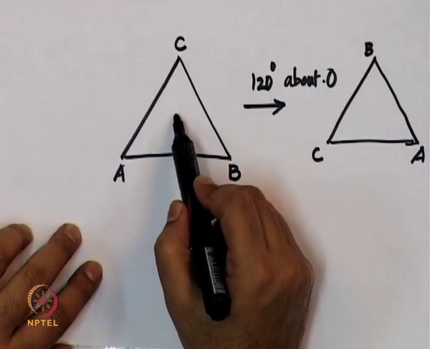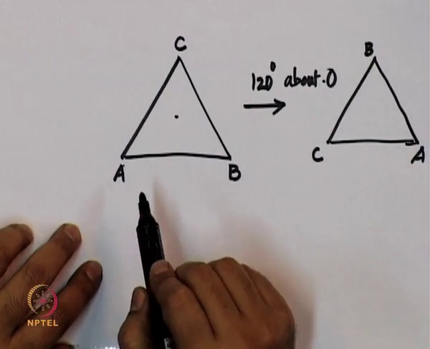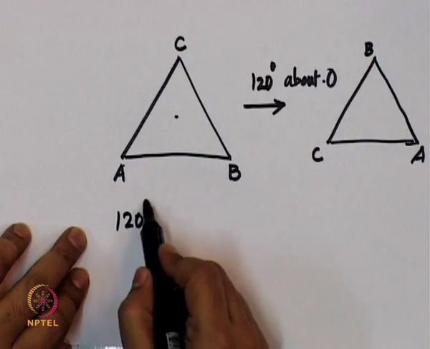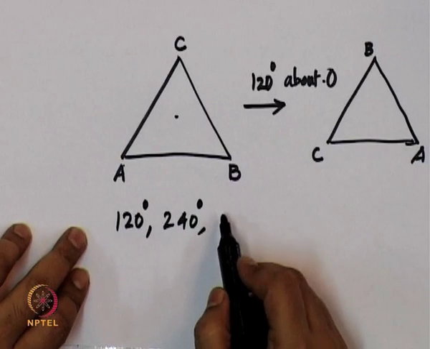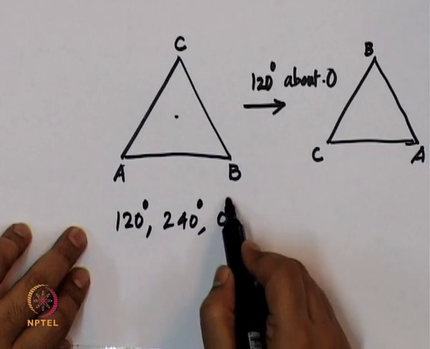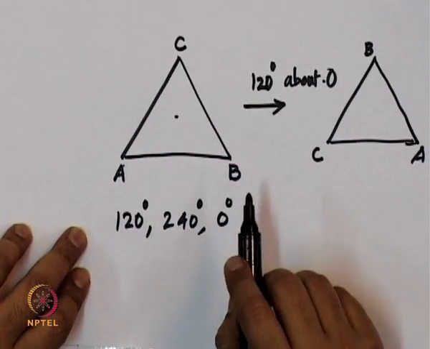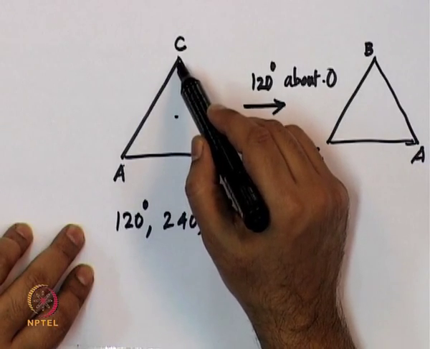And so, how many symmetry operations are possible on an equilateral triangle? There are 3 rotations that are possible: 120 degree, 240 degree, 360 degree, which is the same as 0 degrees, right, because angles are modulo 360 in the plane. And there are also 3 other operations.